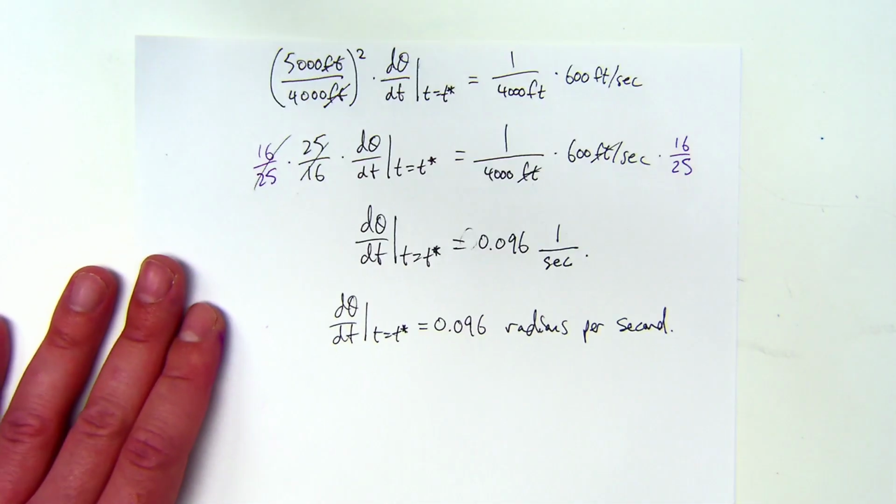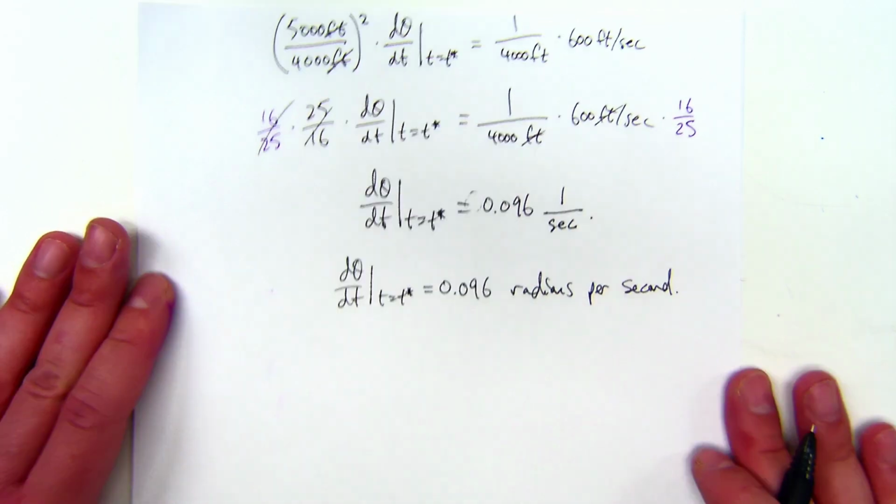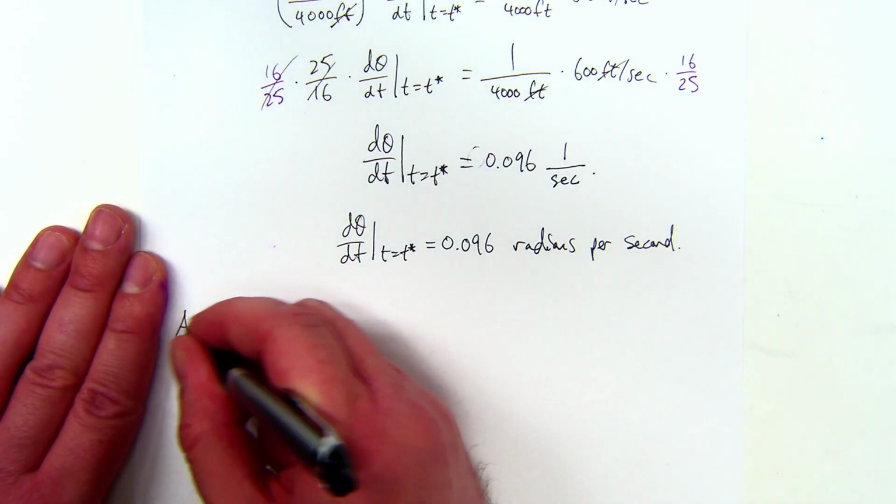And so then how could we write this as a sentence? We could say, let's write this as a sentence.